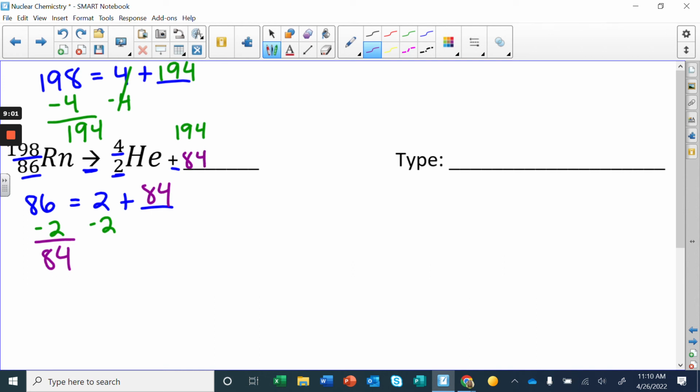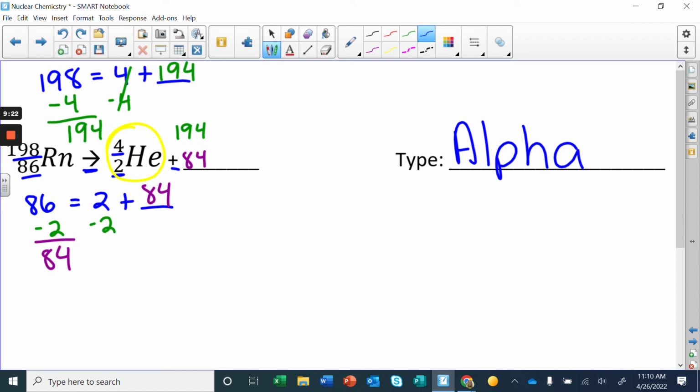Now, this one's a little bit different because we need to figure out what symbol goes with this. Because we already have this atom right here, and that is a helium atom, this should tell us that this is alpha decay. But I want to know what element it is decaying into.